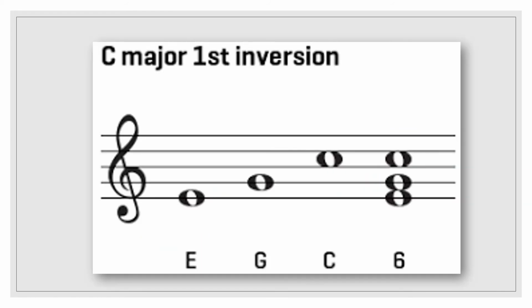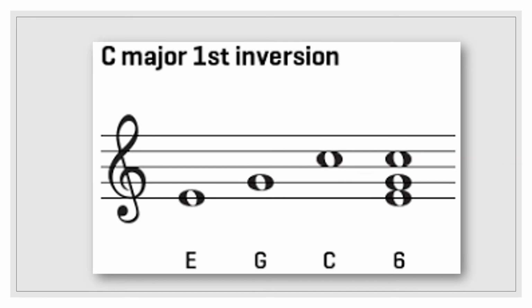This is what C major in first inversion will look like, written melodiously as well as harmonically. So melodiously, with the same reshuffle in first inversion, it would now be E, G, and then the octave C. And when it's written harmonically, it will be E, G, and C, the octave.